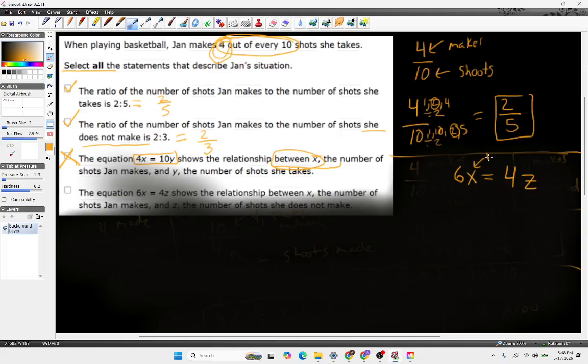So they're saying x is the number of shots she makes, and z is the number of shots she does not make.